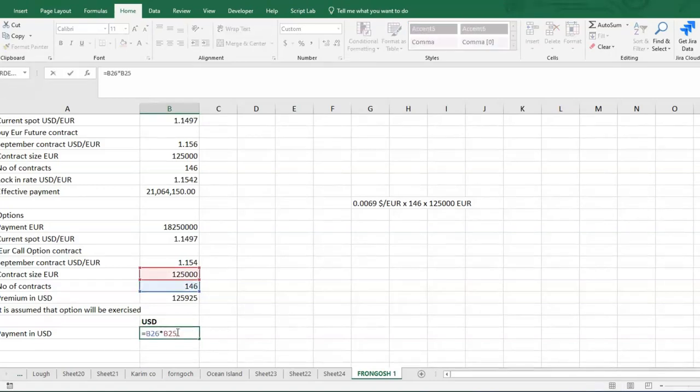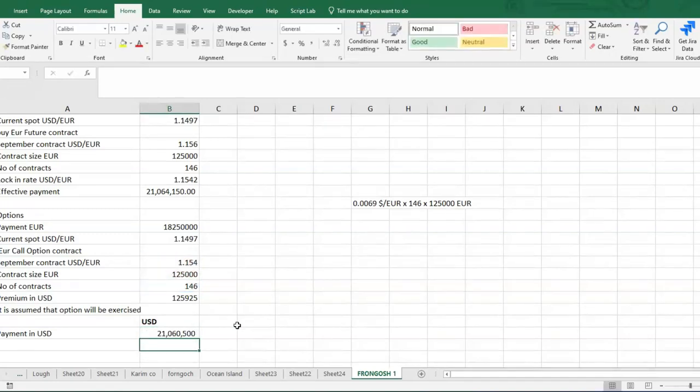Now why am I multiplying it again with the exercise price? Because if I multiply number of contracts into contract size, answer is not coming in USD. So this is the payment in USD.